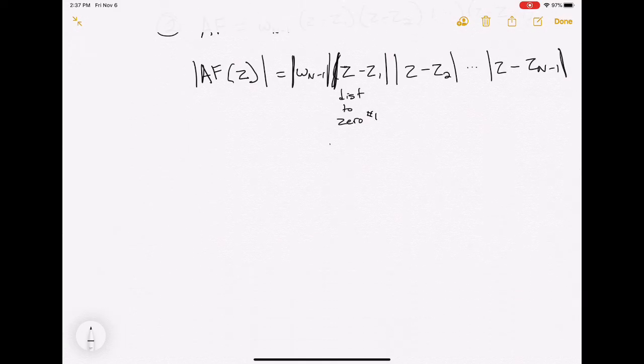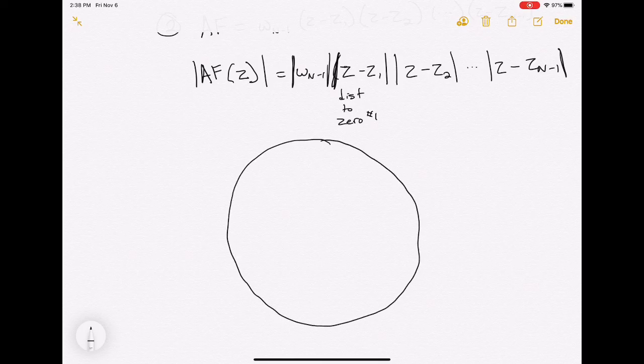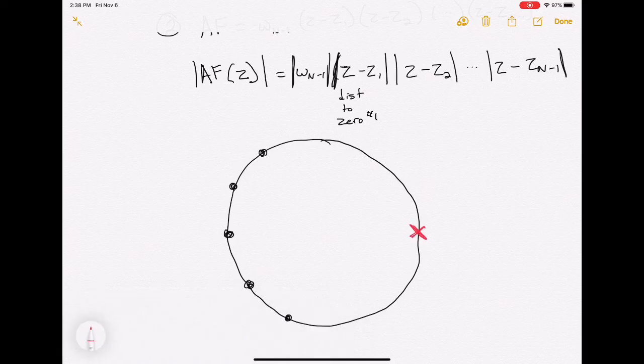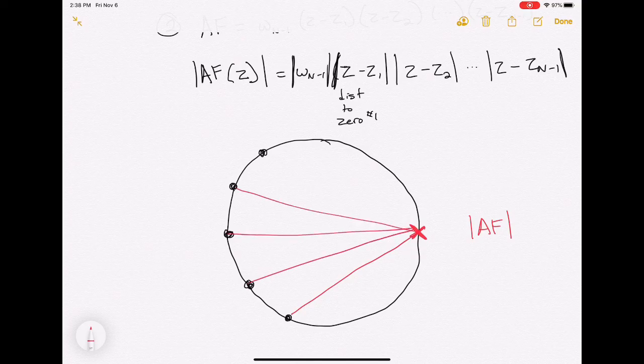Visually, if we draw the unit circle as our locus of allowable values for z, and let's say that these are the zeros of our polynomial, at some position on this circle, I'm going to choose this one because it's actually the furthest from all the zeros, the value of that array factor is the product of the lengths of all of these line segments from the zero to that position.